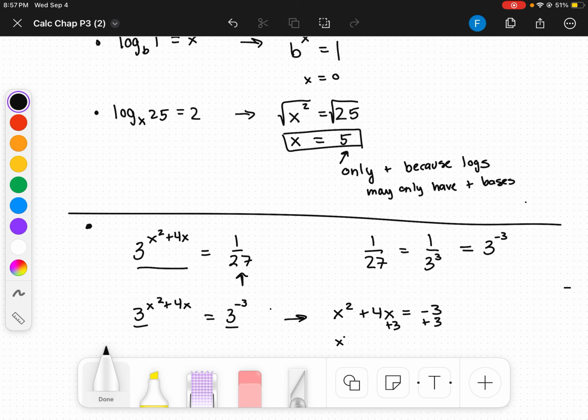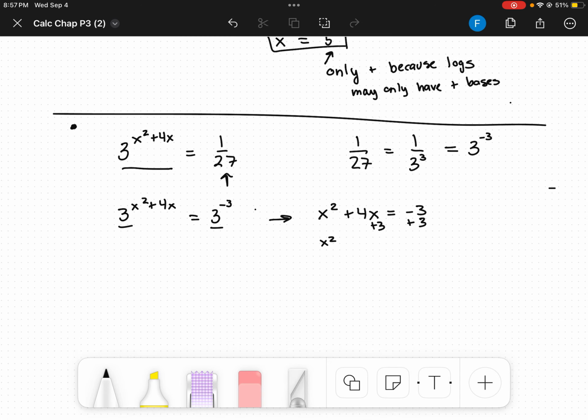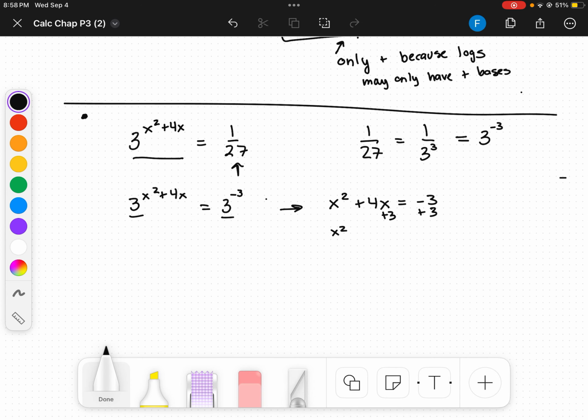You're going to need to do a little bit of factoring here. x squared plus 4x plus 3 equals 0. When you factor this, we are looking for a pair of numbers that adds to 4 and multiplies to 3. I think positive 1 and positive 3 would work out for us. So that means your two answers for this overall equation would be negative 1 and negative 3.